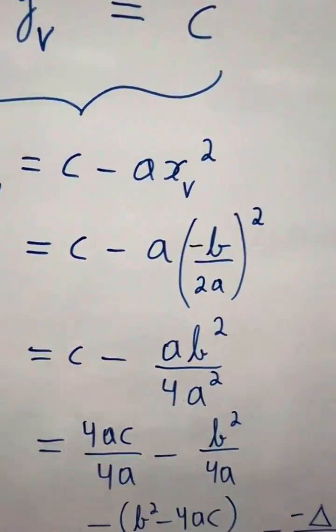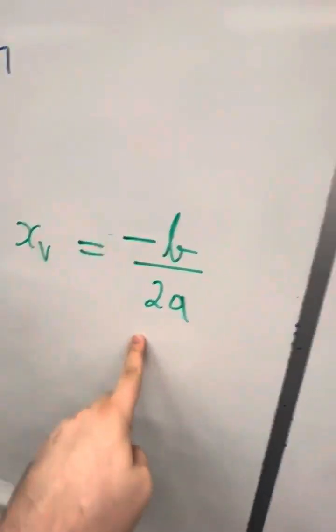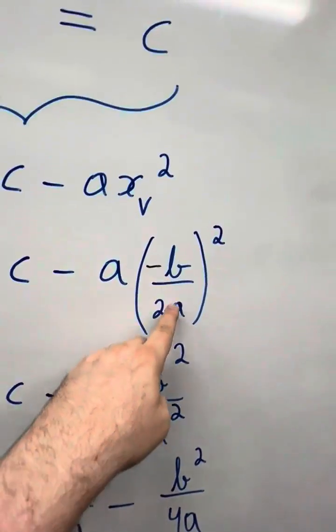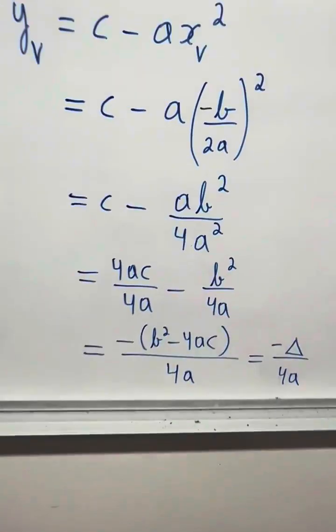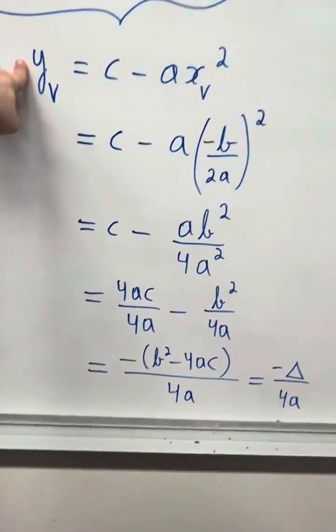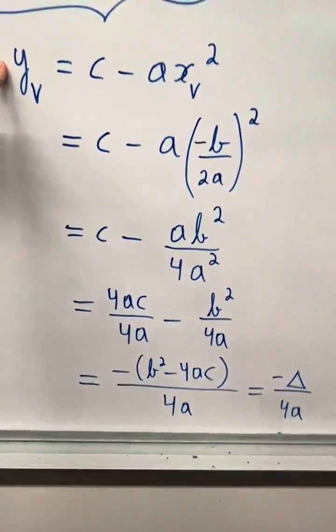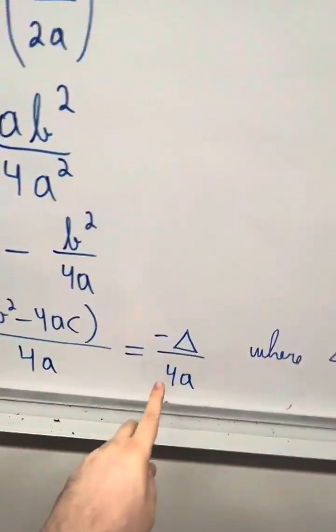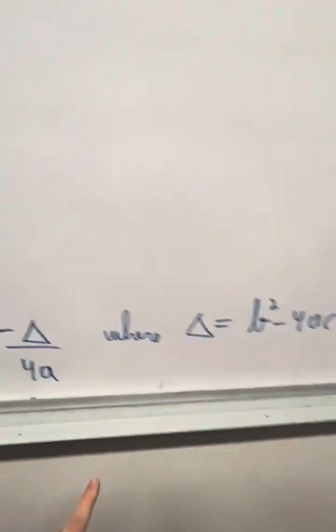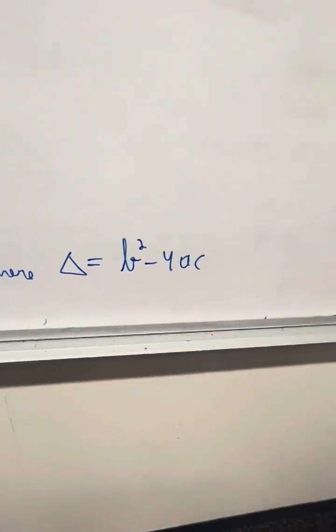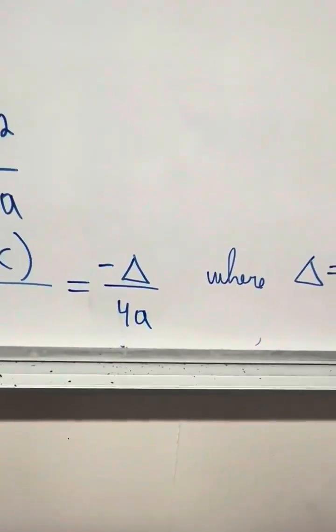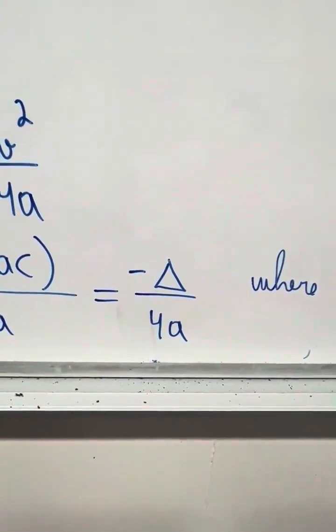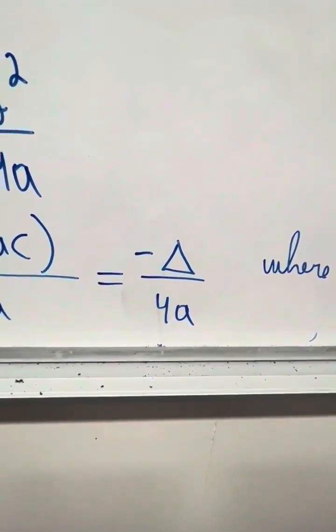Then I substitute this formula here, x of the vertex is minus b over 2a, so minus b over 2a squared. I do some algebra, and I found that the y coordinate of the vertex, the turning point of the parabola, is equal to minus delta over 4a, where delta is our usual discriminant of the parabola.